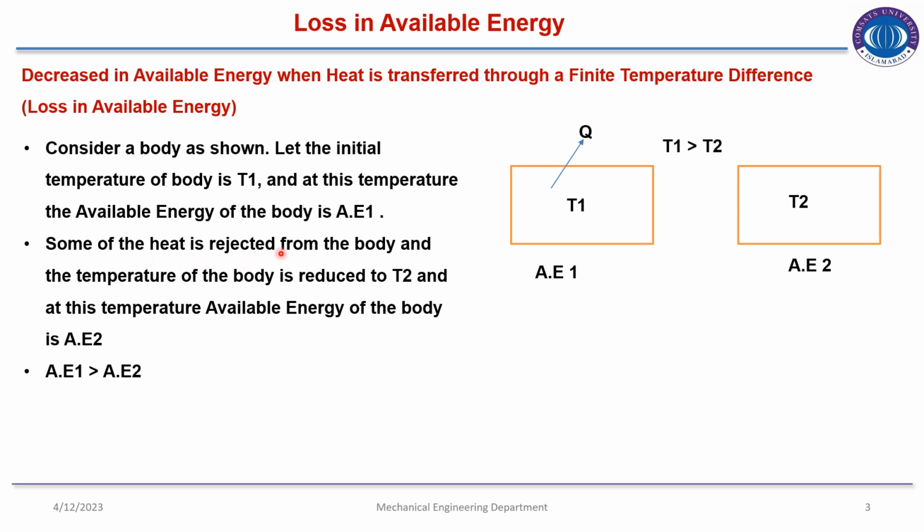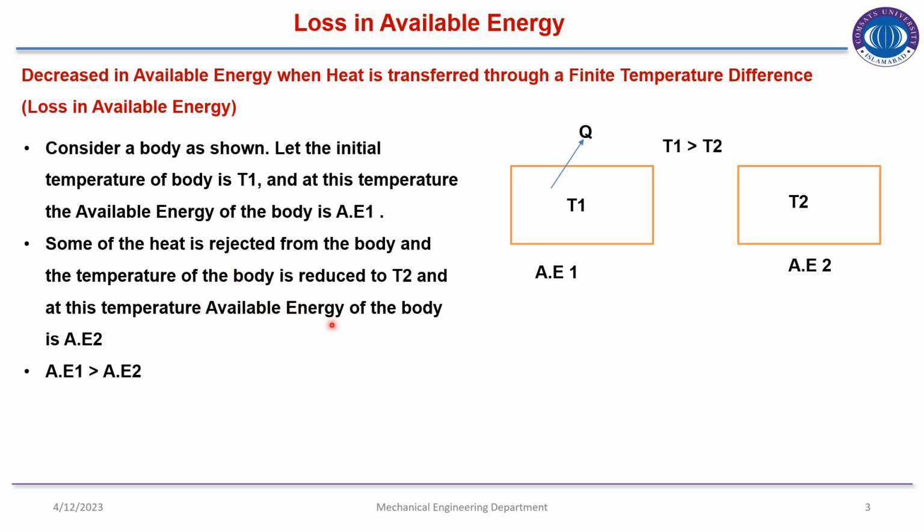Some of the heat is ejected from the body and the temperature of the body is reduced to T2. Q amount of energy is rejected from the body to the atmosphere, and now the temperature is T2. For example, let T1 be 100 degrees centigrade, a certain amount of heat is ejected to the surroundings, and now the temperature of the body is 80 degrees centigrade.